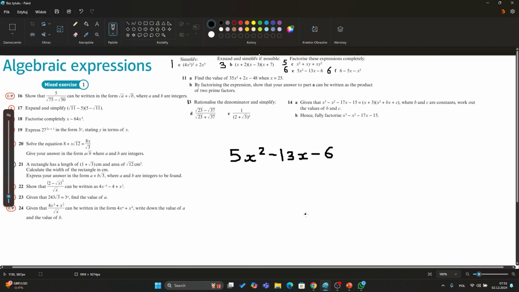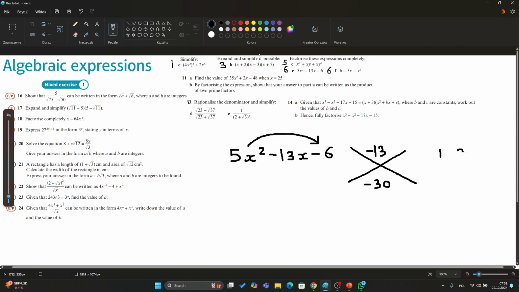Okay, now we got 5x squared minus 13x minus 6, where a is greater than 1. So what happens is that we multiply this by this to get minus 30, and we keep this at the top. So now we have to work out what multiplies together to get minus 30 and what adds together to give minus 13.